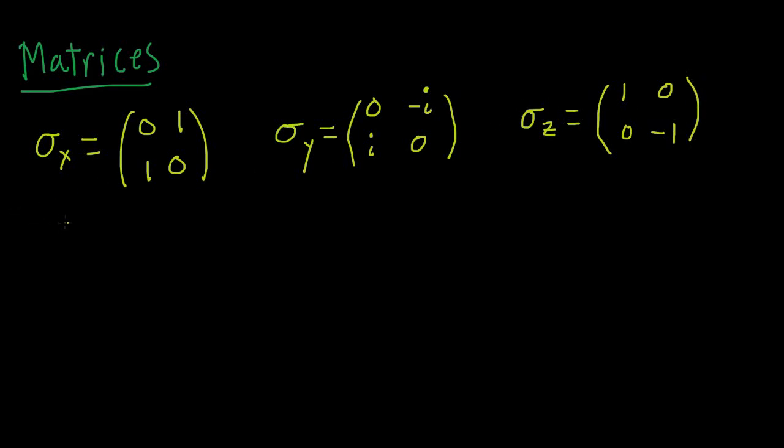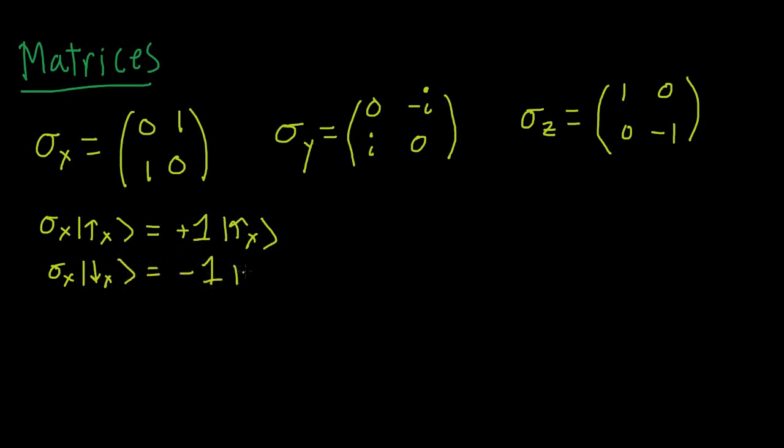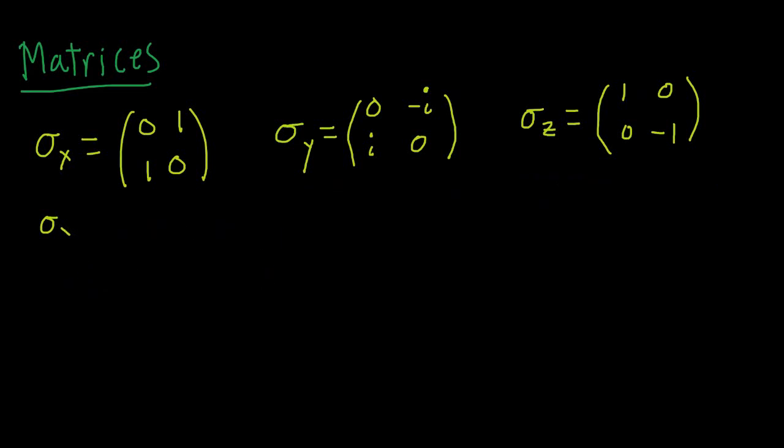Just as we have previously shown that sigma sub x acting on the spin up vector in the x direction is plus 1 times this very same vector, and acting on the spin down vector in the x direction is minus 1 times the very same vector, we should show the same analogous thing for these other 2 matrices. So that's what I just want to show right now.